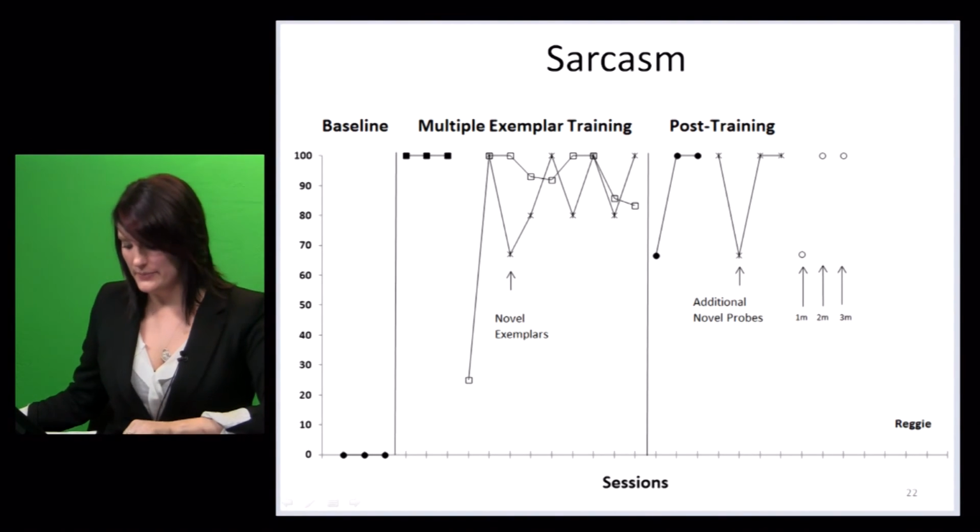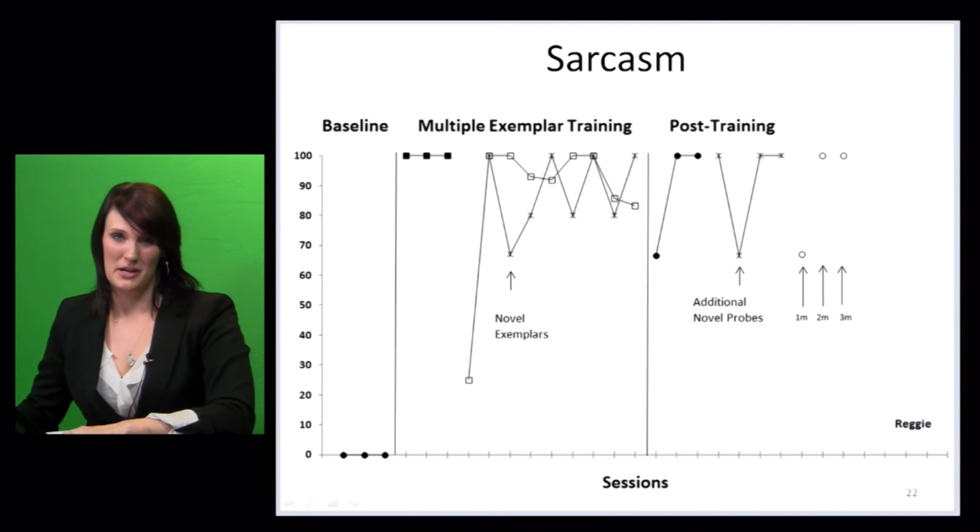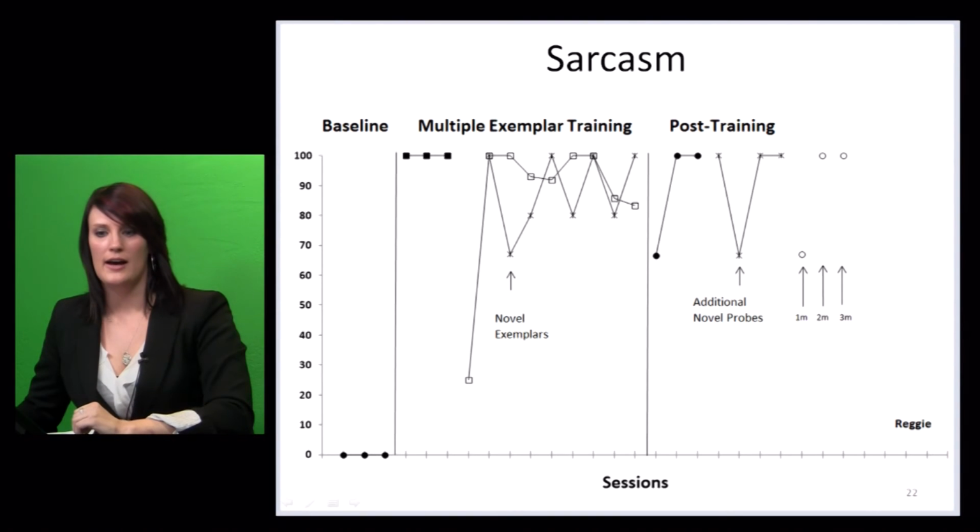Well, there are many people who don't pick up on sarcasm, but to give the child a basic understanding of sarcasm and being able to pick up on some discrete cues in the environment, such as eye rolling or saying the opposite of what is actually going on, or the intonation, is really important in social functioning in general. Oftentimes, people who don't understand sarcasm, we adjust our behavior to talk to them differently, and we don't include a lot of sarcastic comments in our conversation.